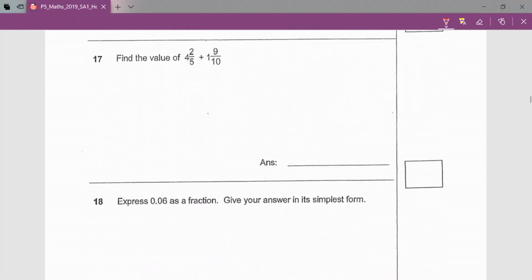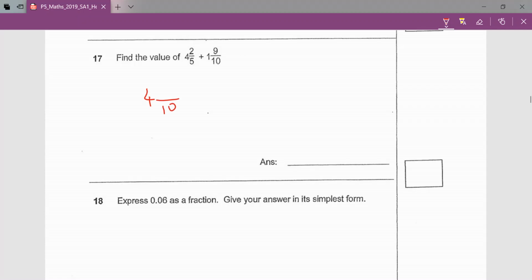Moving on, find the value of 4 and 2 over 5 plus 1 and 9 over 10. They are not the same denominator, so I make them the same denominator. 4 and 4 over 10 basically. I must times 2 for the denominator as well as times 2 for the numerator. I add them together.